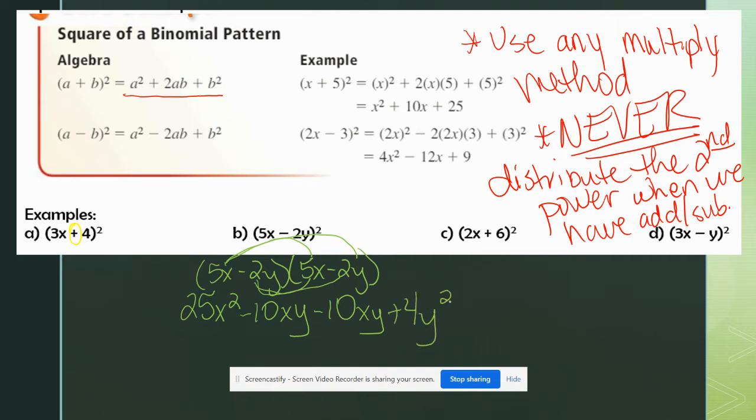Y times y is y squared. These two terms in the middle are both xy, so I'm allowed to go ahead and combine them. We have 25x squared. Negative 10 minus 10 more is negative 20xy plus 4y squared. And this would be our answer.